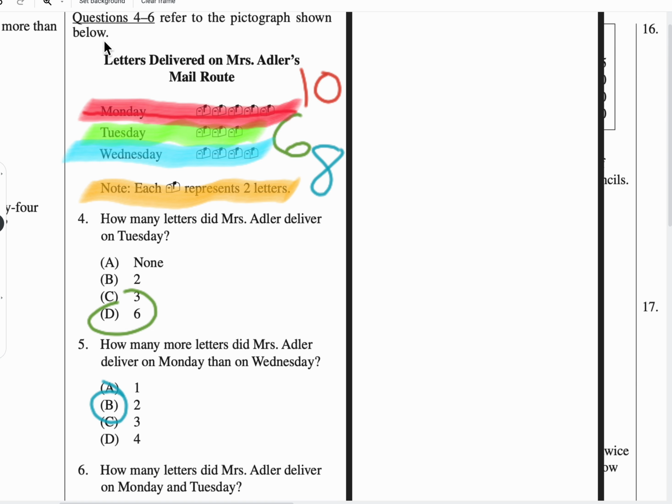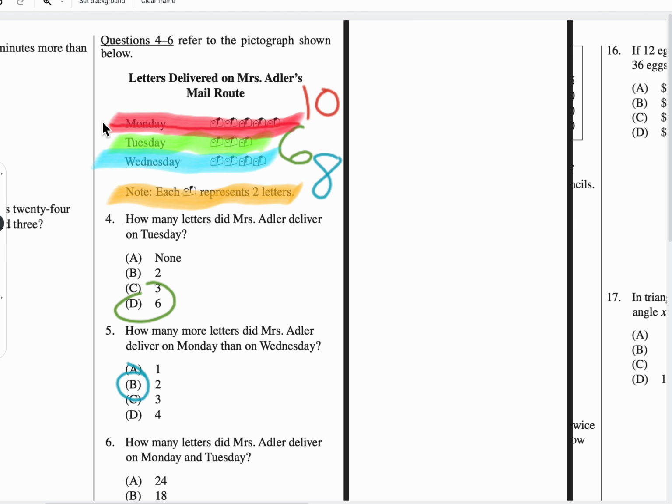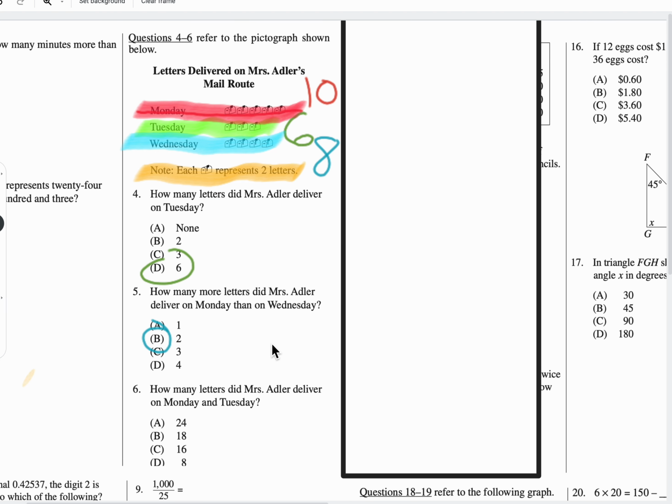And let's take a look here at number 6. How many letters did Mrs. Adler deliver on Monday and Tuesday? Again, we'll note that each symbol represents 2 letters. On Monday, Mrs. Adler delivered 10 letters.